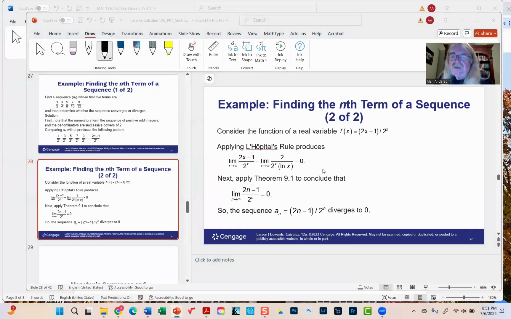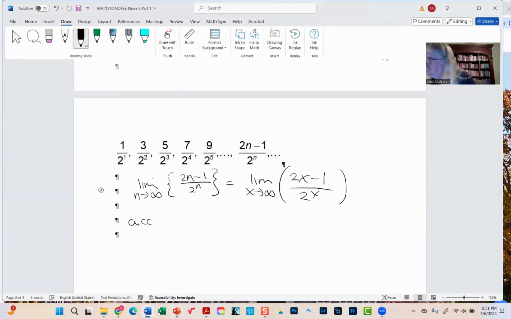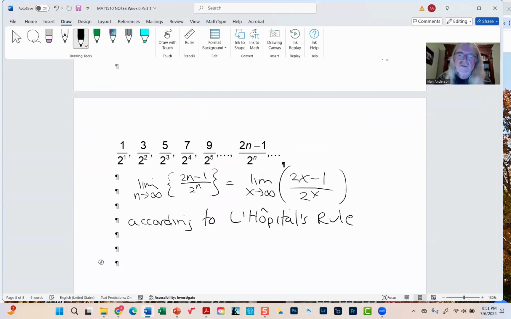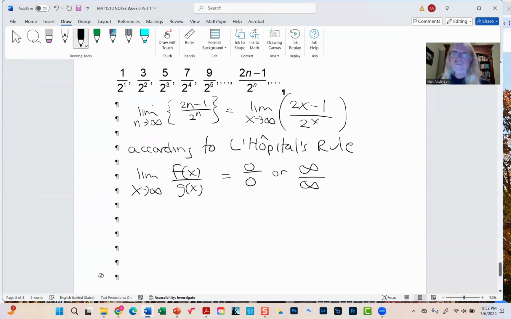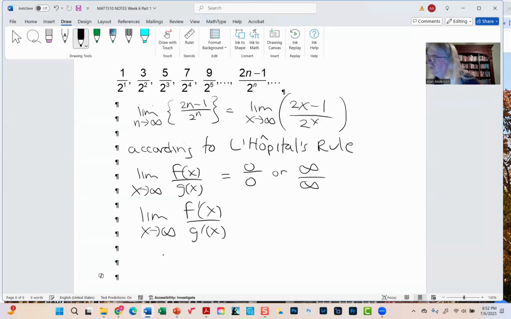And that means that what you're basically doing is, if you remember correctly, if just solving it directly gives us an indeterminate form, which means 0 over 0 or infinity over infinity, then you can replace this with f prime of x over g prime of x. And it kind of looks like that's what we're going to get here.